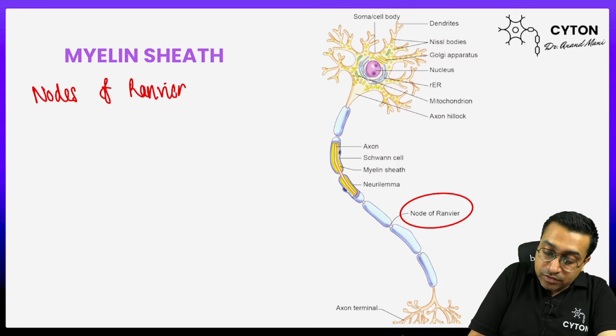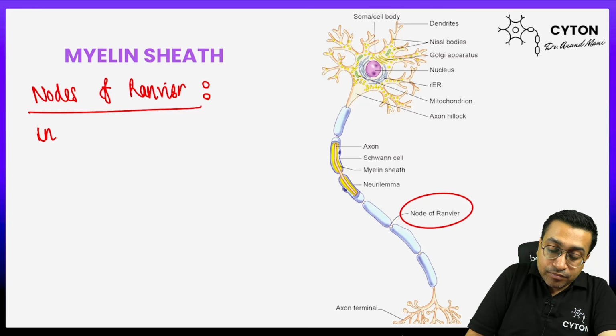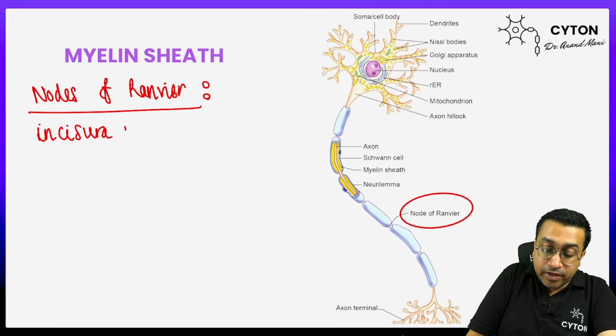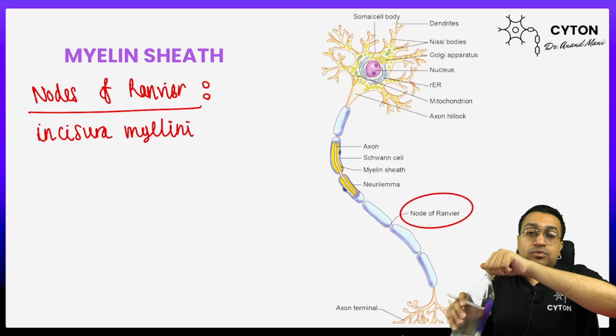You might have read this in NCERT also, right? Nodes of Ranvier, and these nodes of Ranvier are known as incisura myelini. You will read incisura somewhere else also. Later on, we will come to that also.